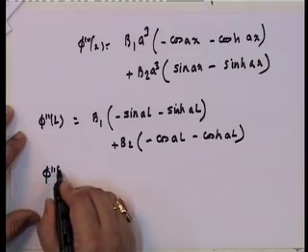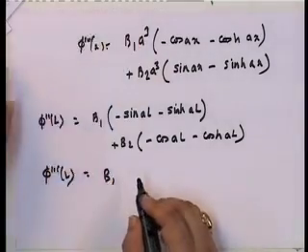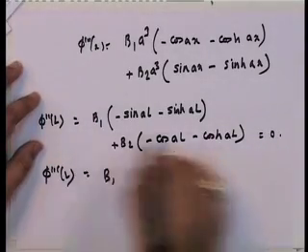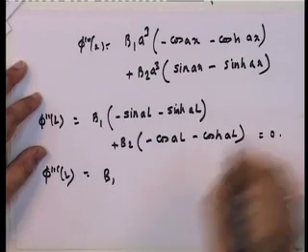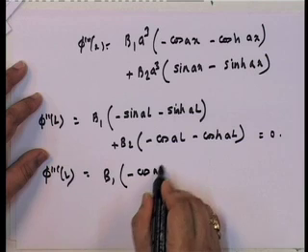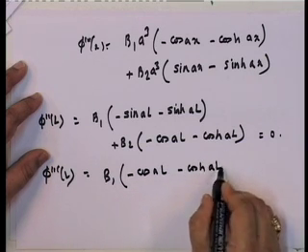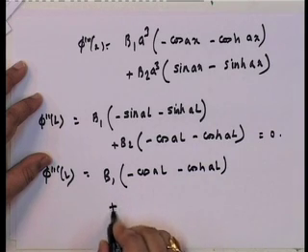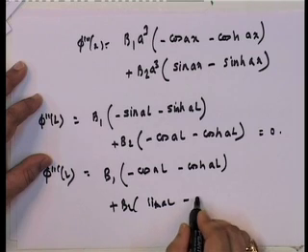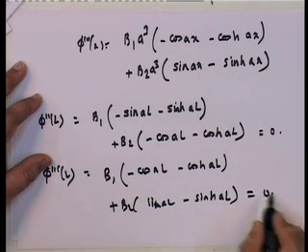And phi 3 at L is equal to, again both of them have A cubed, and note that this is equal to 0, and that's why A squared and A cubed disappear, and what we have is B1 minus cosine AL minus cosine hyperbolic AL plus B2 sine AL minus sine hyperbolic AL is equal to 0.